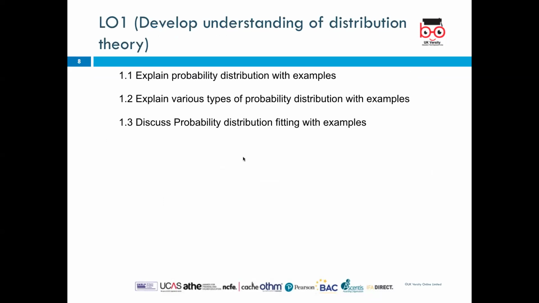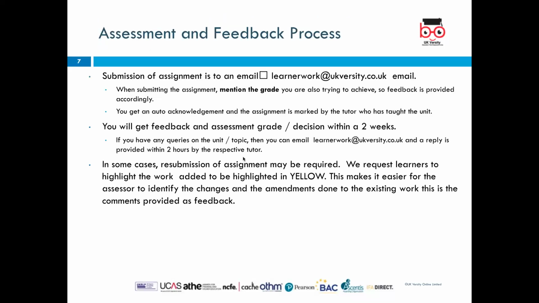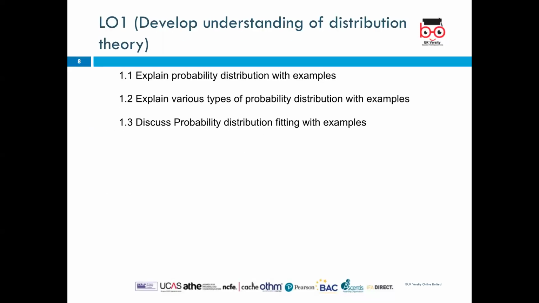So now to talk about what we've looked at over the course of the 2 weeks. We looked at learning outcome 1, which is develop understanding of distribution theory. So in the assignment, you have to explain what probability is.